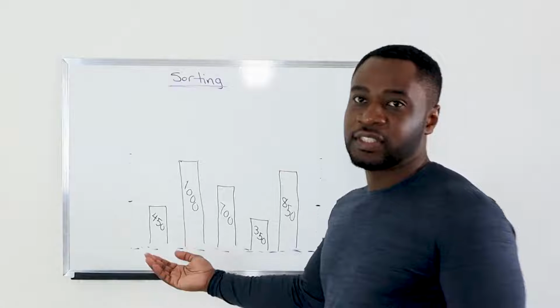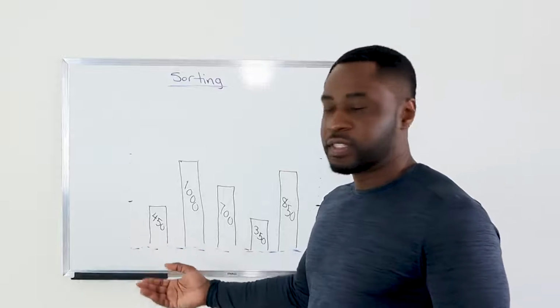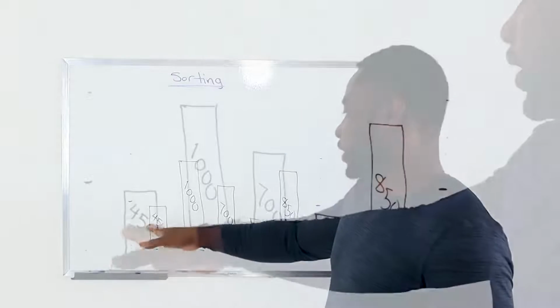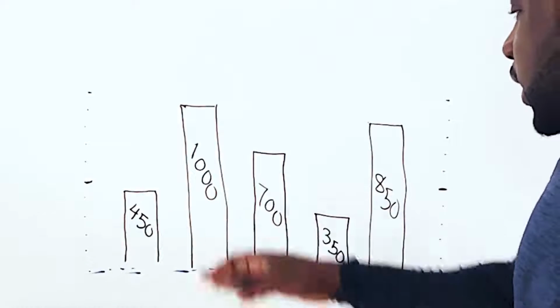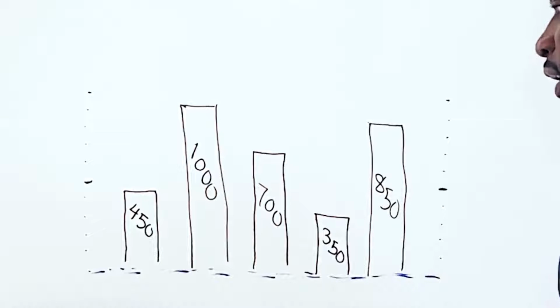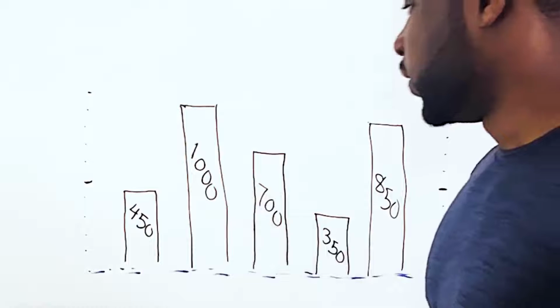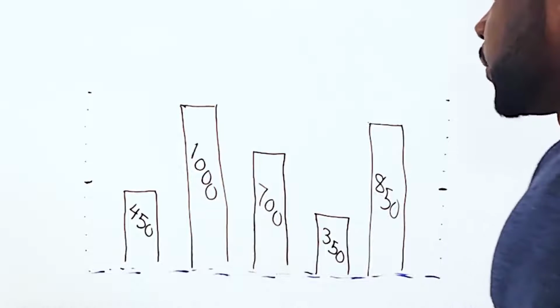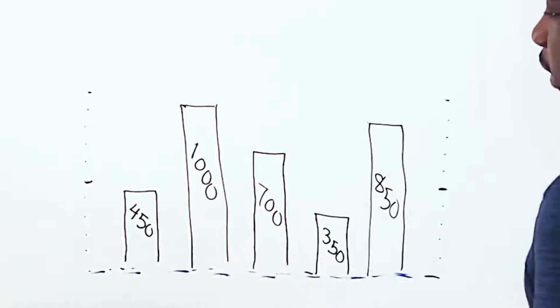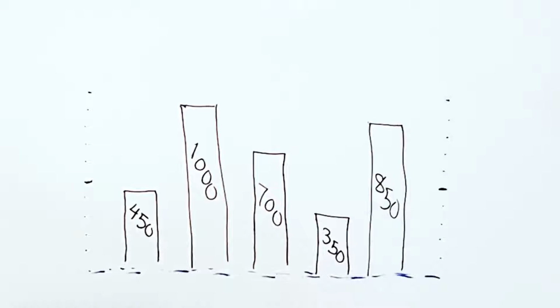Okay, so here you can see we have various different plane ticket prices. Say this is $450, $1,000, $700, $350, and $850, okay? So first, in order to sort it using bubble sort, we're going to identify the very first item. In this case, it is this 450 ticket.